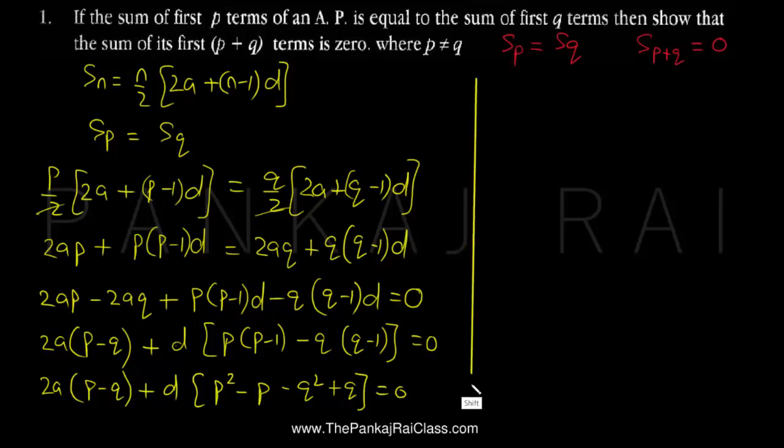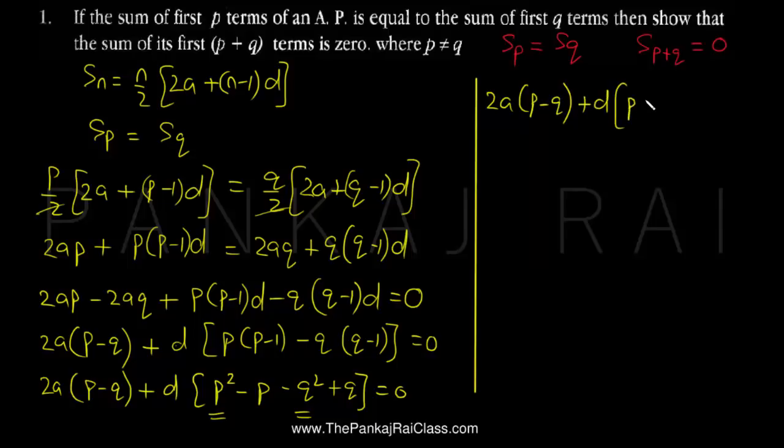Now let us take this p square and minus q square together. So we will have 2a (p minus q) plus d times (p square minus q square, and let us write minus p and then plus q), the whole bracket is equal to 0.